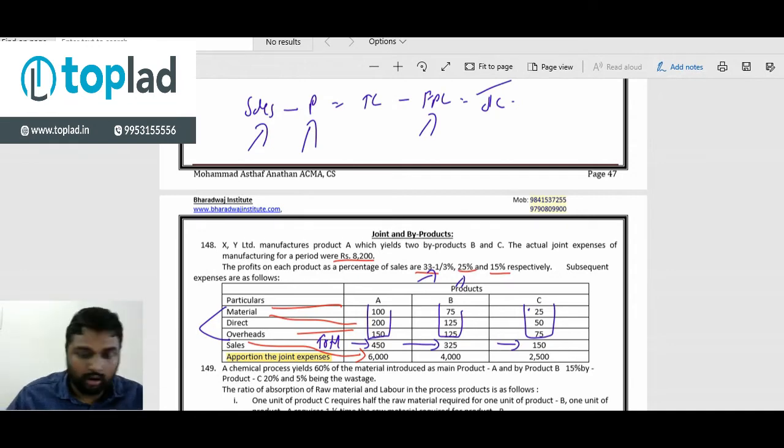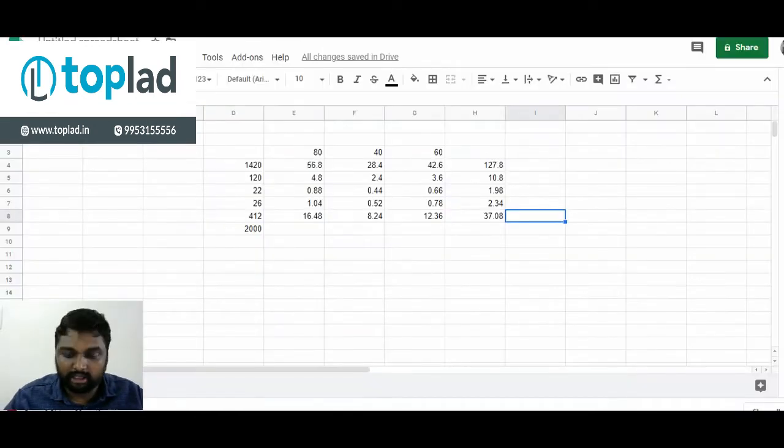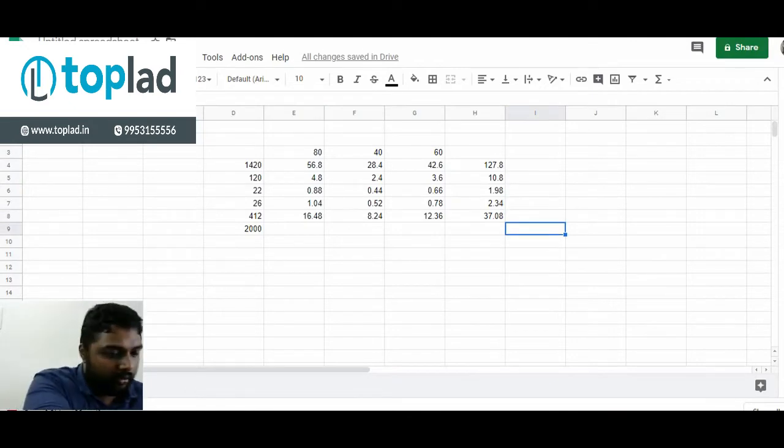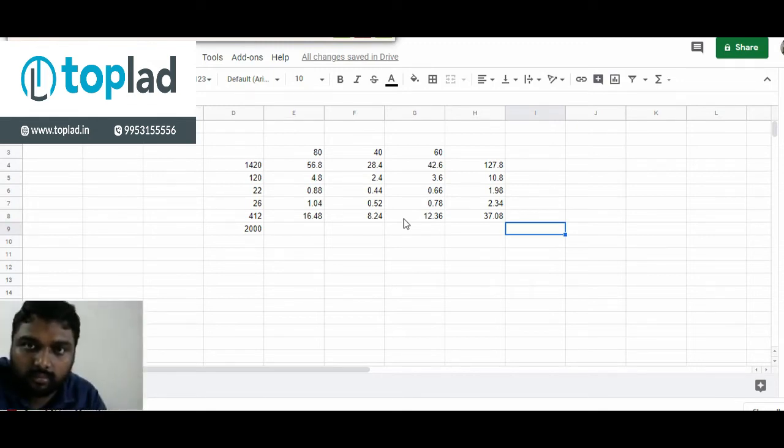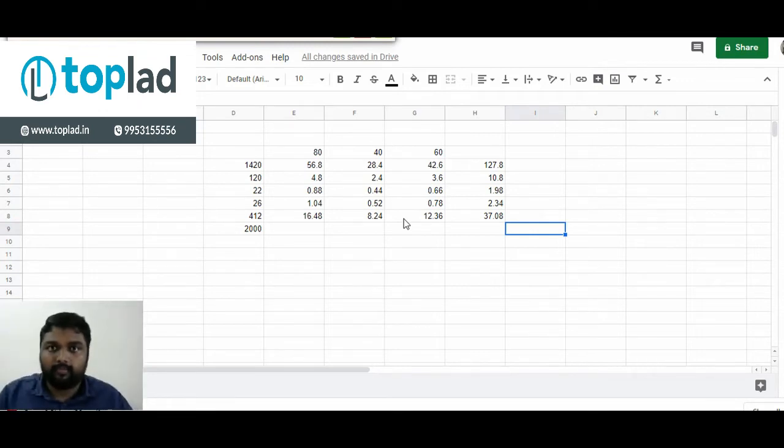Are you ready? So since it involves a lot of maths, we will do it in an Excel sheet. Are you okay? Sorry, I have made technical changes. With your permission, a small change. I want to do this with the Excel sheet.